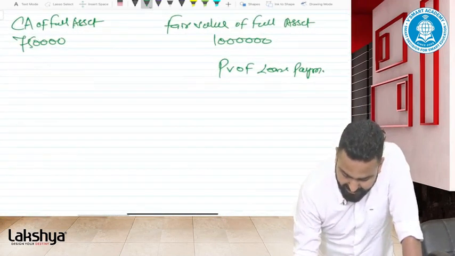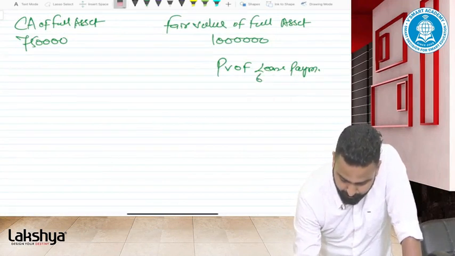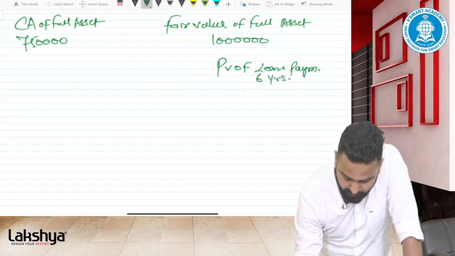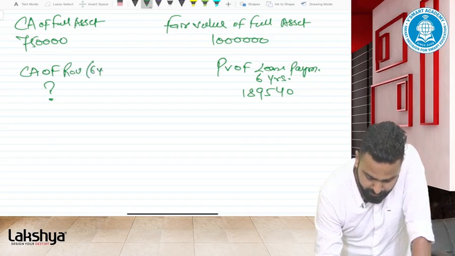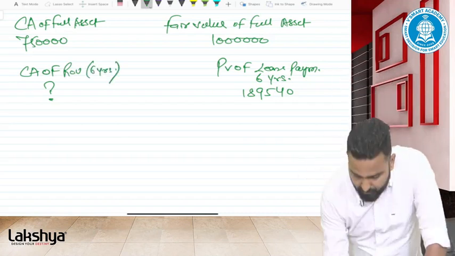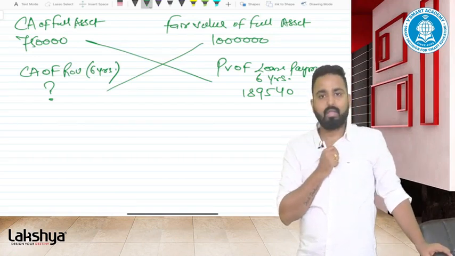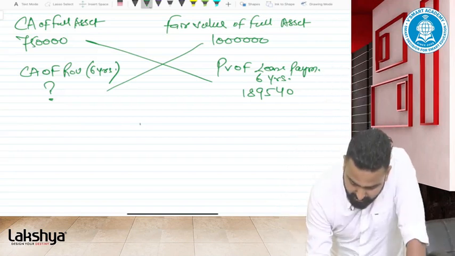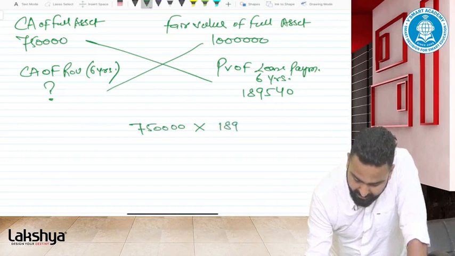So if the present value of lease payment for 6 years is 189,540, then what should be the carrying amount of ROU for the 6 years asset? Interpolation technique. That means 750 multiplied by 189,540 divided by 10 lakh.